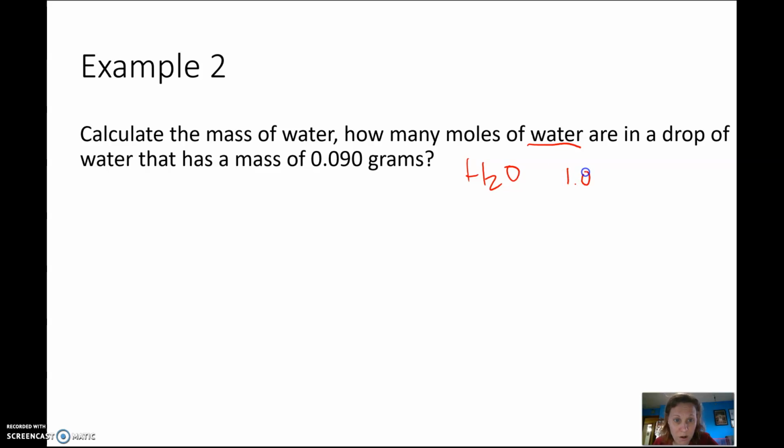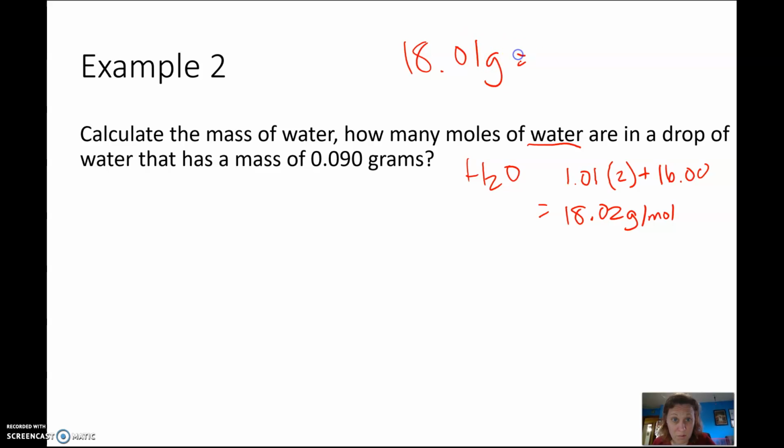Hydrogen is 1.01 times 2 plus 16.00. I did that really fast. That is going to be 18.02 grams per mole. So the conversion factor is 18.02 grams equals 1 mole of water.